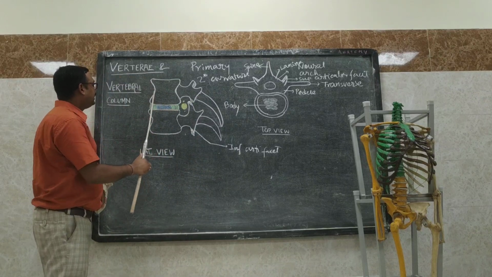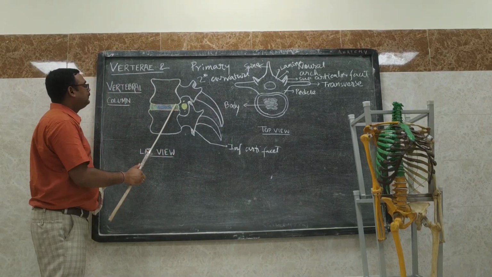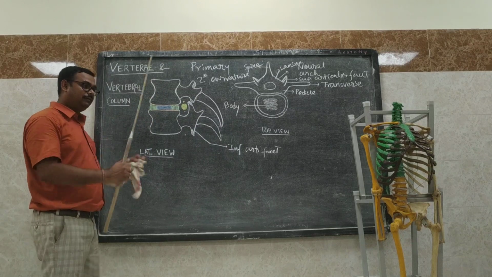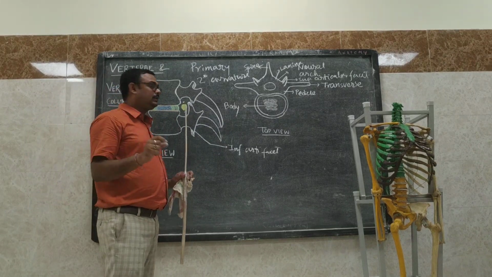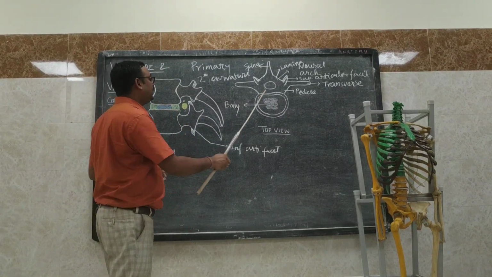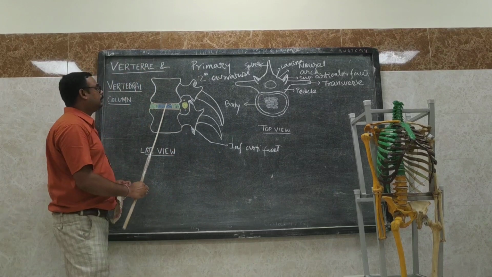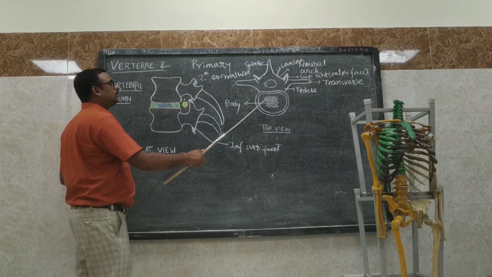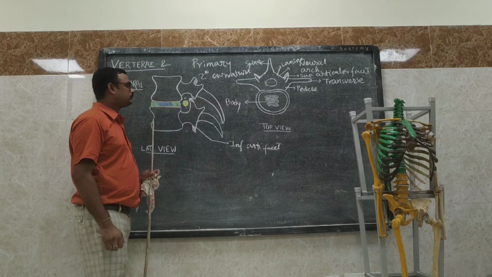Now the outer coat of the vertebral body is covered by thick bony tissue, except the upper and lower surfaces, which consist of spongy tissue.